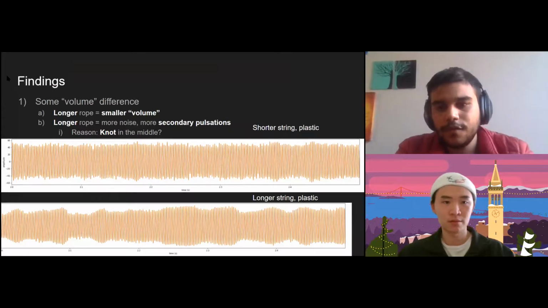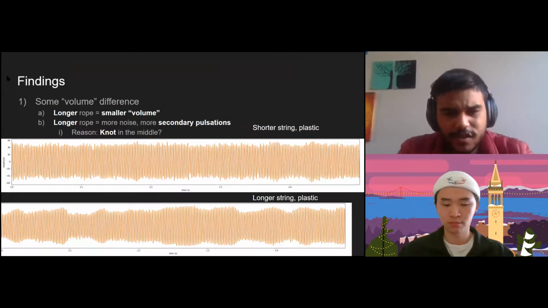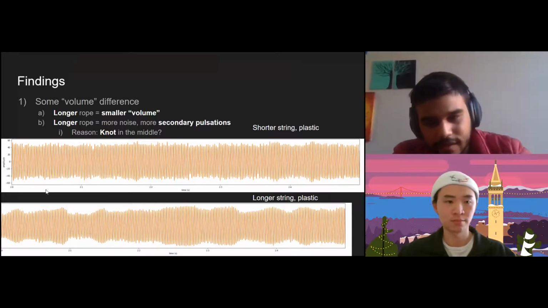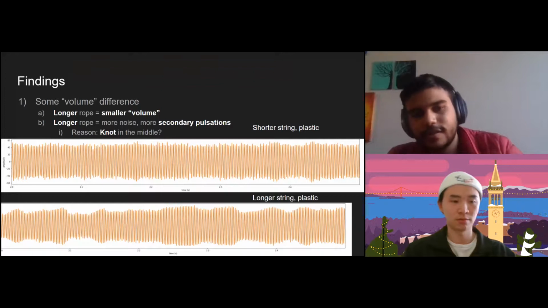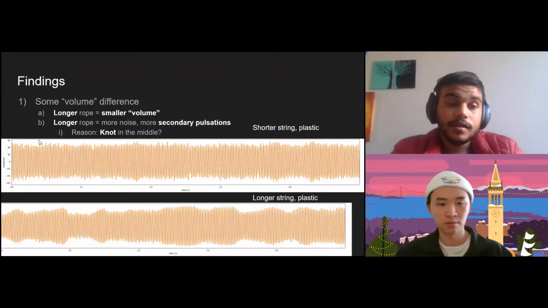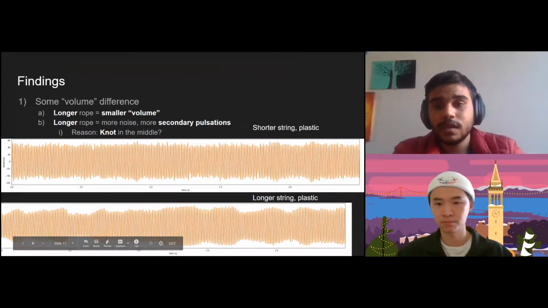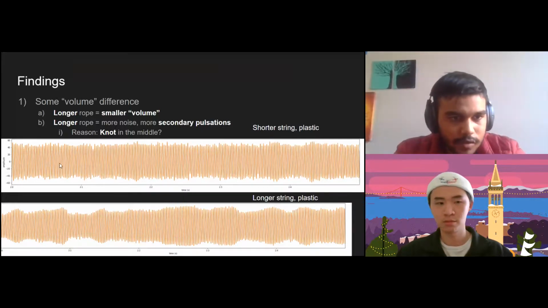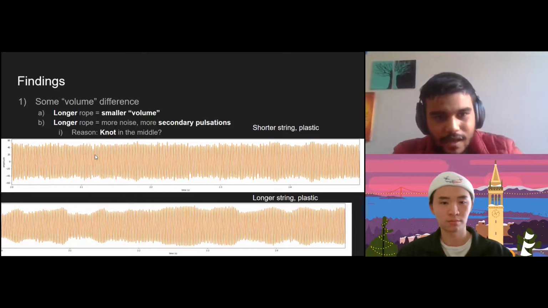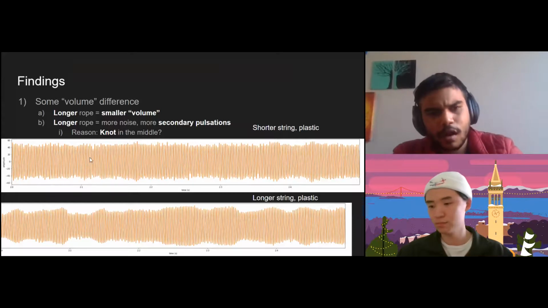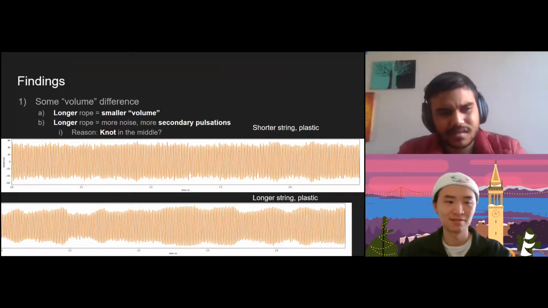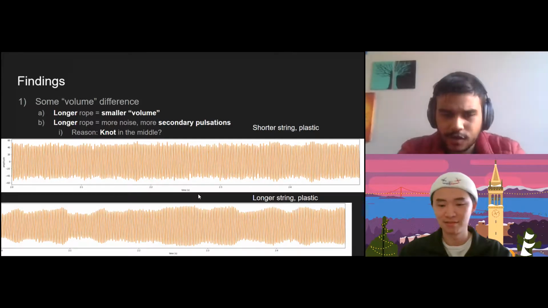This is what we found from our analysis. What you see here is the raw waveform extended over a 1.5 second interval. These two waveforms are for the same material of receiver, but for different lengths of strings. For the shorter string, we have a more consistent waveform with fewer beats, if you can call them that.